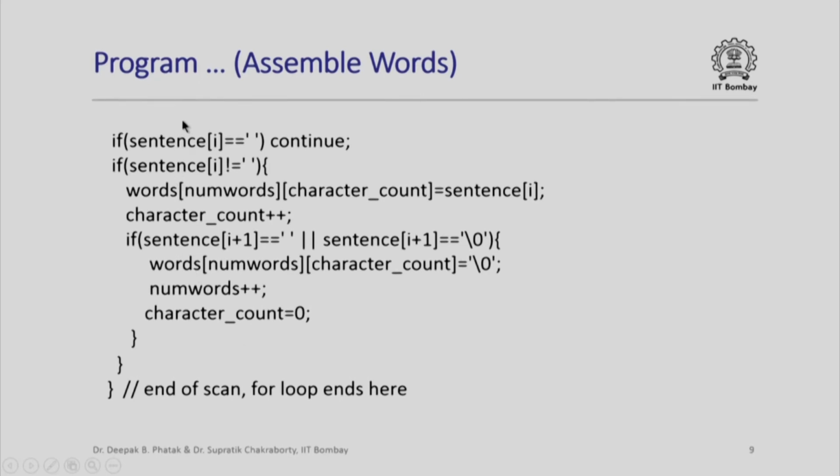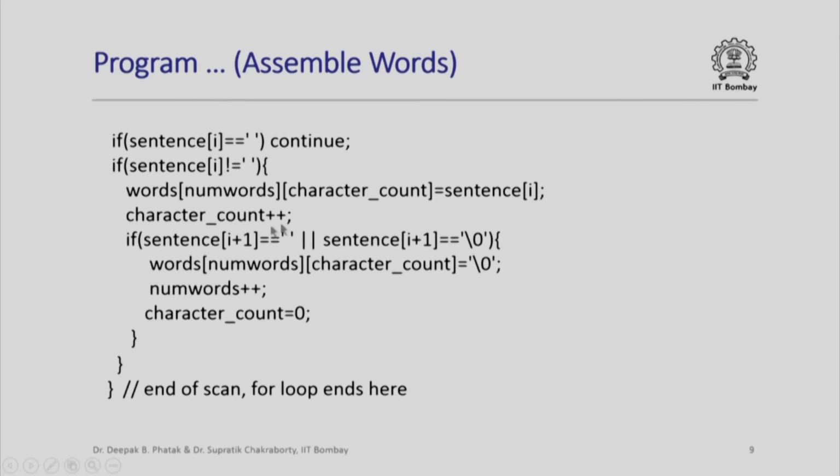As we outlined in our program design, if the ith character is blank, I simply continue with the next iteration, which means I ignore the blank. If the ith character is not blank, that means I have encountered a non-blank character which must be inserted in the current word. So, what do I do? The ith character of sentence I insert in the character count position of the current word which is indicated by num words.